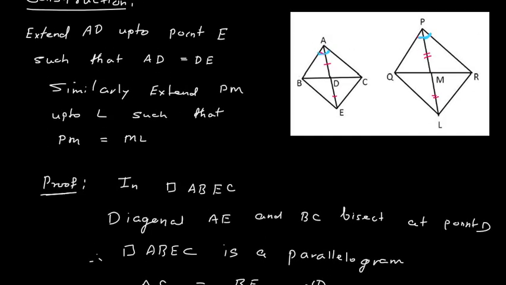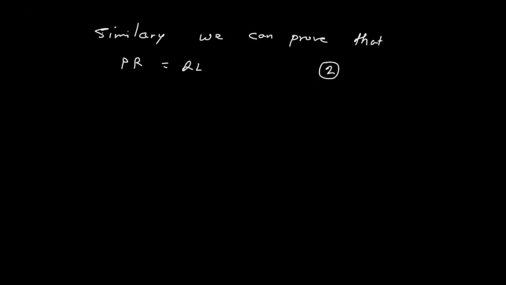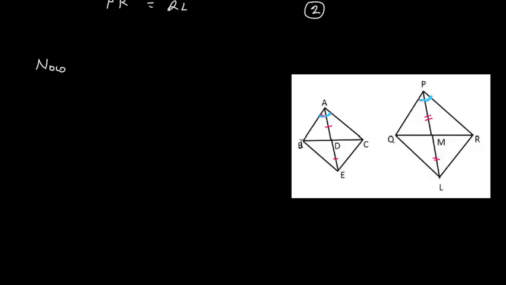Now I will take triangle ABE. So I will say that the ratio of these two sides we will say equal, and this AD upon DE also we will be able to say equal.